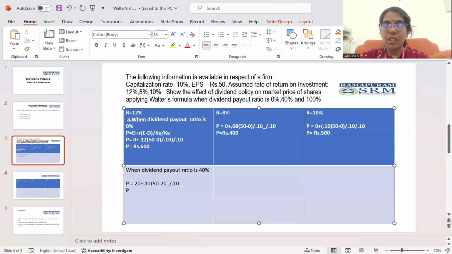So the price of the share equals rupees 560.